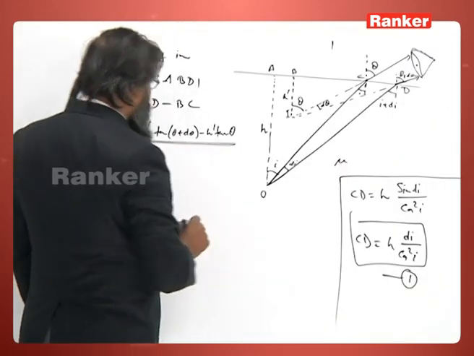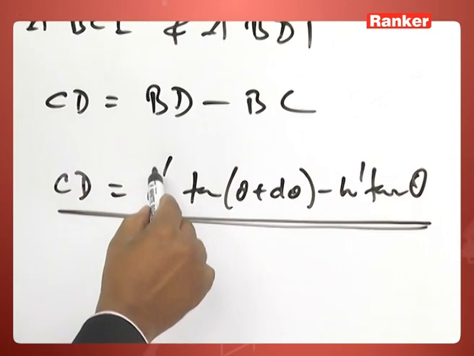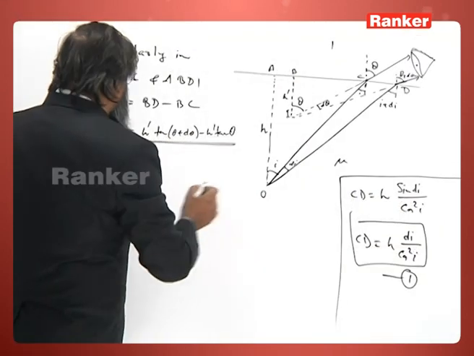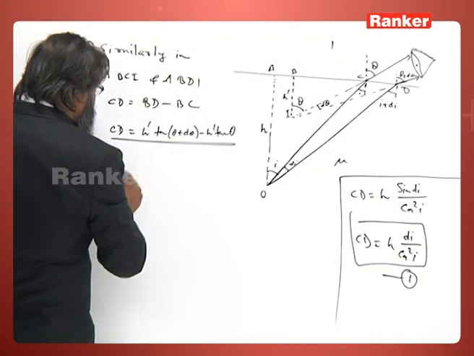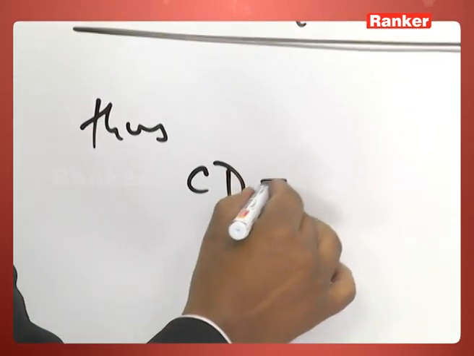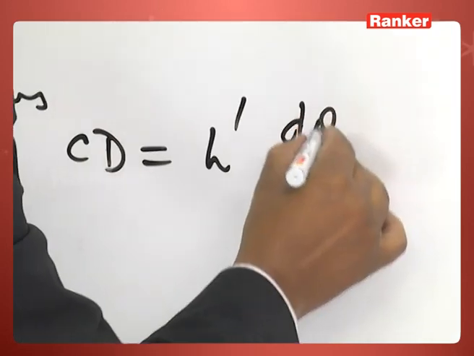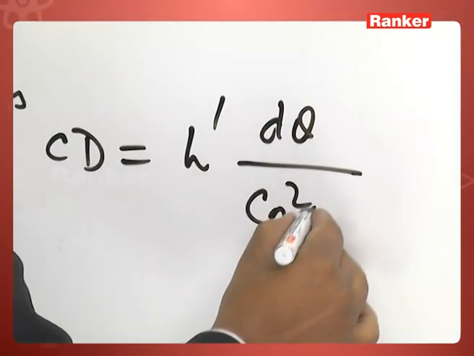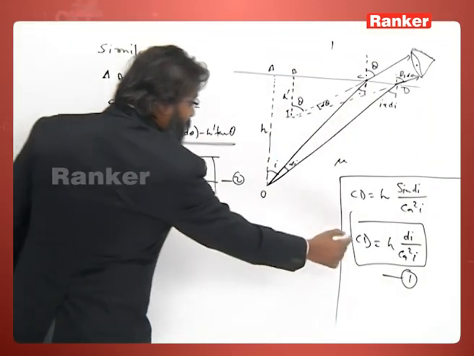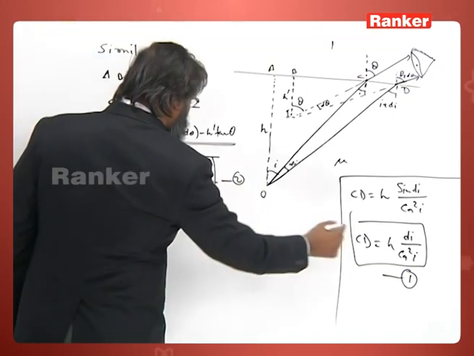So similar to our previous case, where we got only H tan(I plus DI) and H tan I, similarly we got this for CD. Thus CD will be equal to H dash d theta by cos square theta. As we got the earlier expression, similarly we will get this. So this is equation number 2, and this is 1.